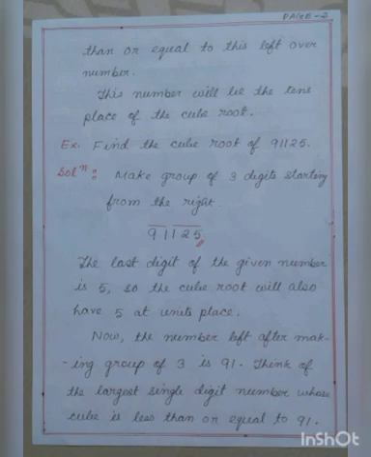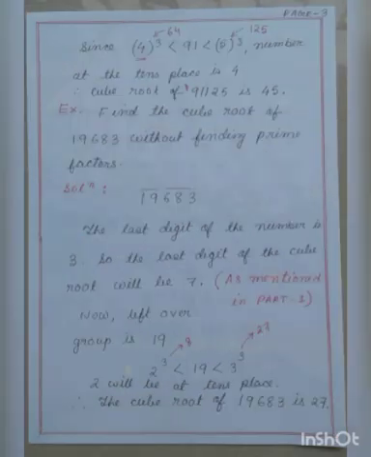So now think of the largest single digit number whose cube is less than or equal to 91. We know that 4 cube is 4 into 4 into 4, which is equal to 64, less than 91, but 91 is less than 5 into 5 into 5, which is equal to 125.